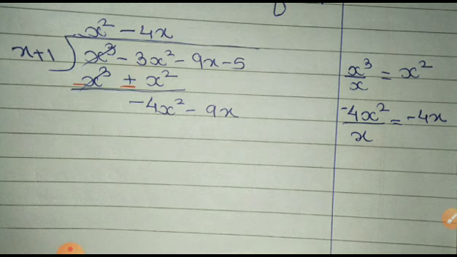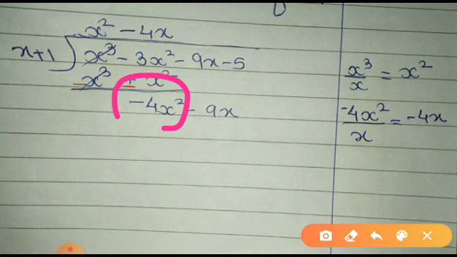Now here will I get it as 3 minus 1, because minus 3x square minus 1x square, it will be minus 4x square. Next term, take it down. So minus 9x. So what is the next step again? This divided by x. I can divide further since x square, x raised to 2, is greater than the other one, x raised to 1. 2 is greater than 1. Okay, the power I have to check.